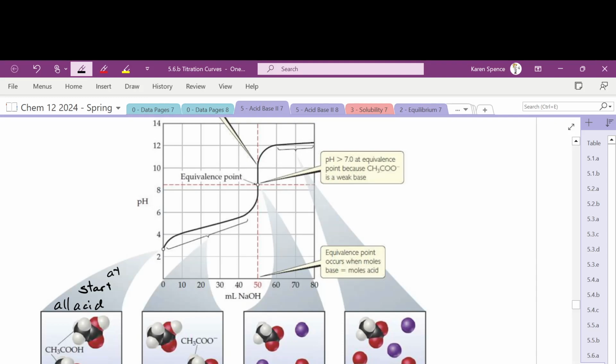At this point right here, whoops, sorry, I'm not doing a very good job of drawing that line. What would we call that point right there at 25 milliliters?